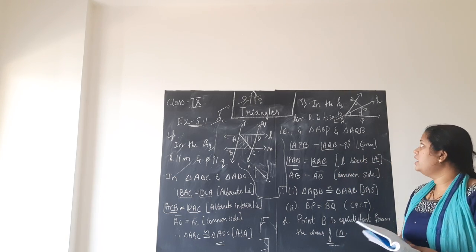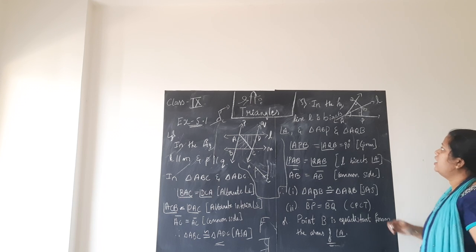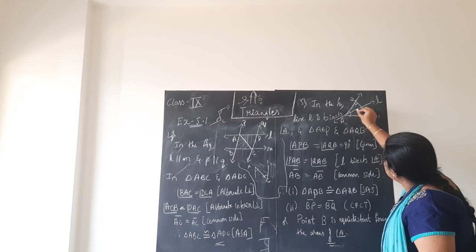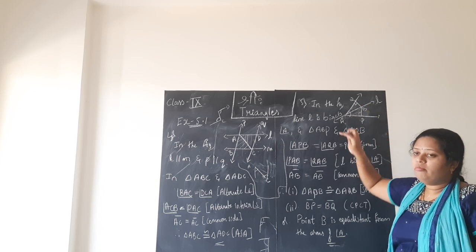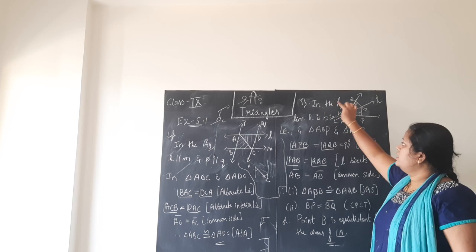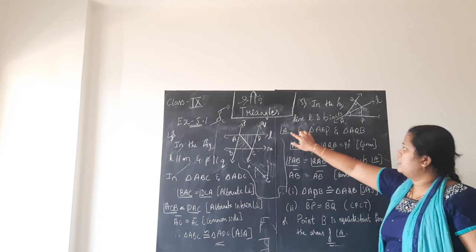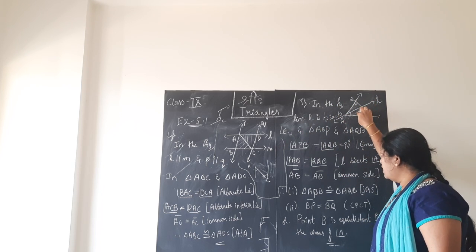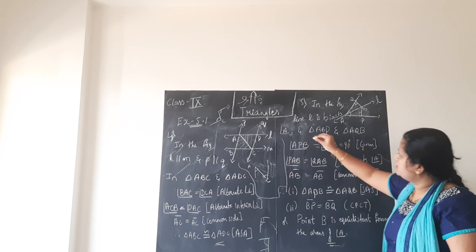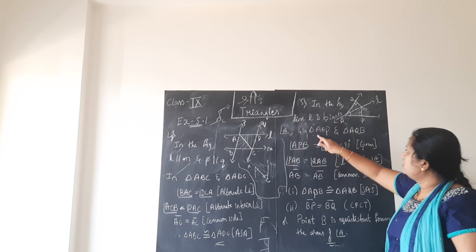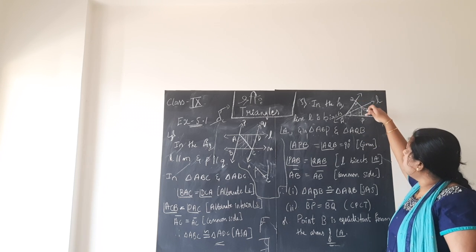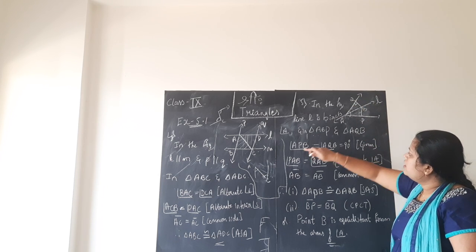Show that triangle APB is congruent to triangle AQB. These two right angle triangles that are formed, we need to show they are congruent. To do so, in the figure line L bisects angle A. In triangle APB and triangle AQB, angle APB is equal to angle AQB.